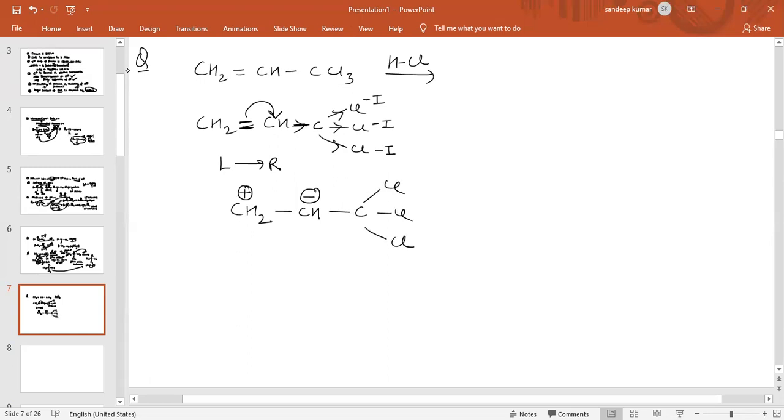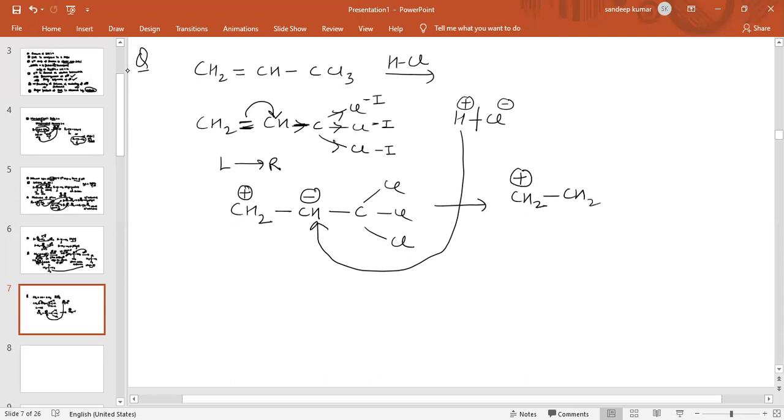Now as we know, in HCl there are two parts. One is the electrophilic part and one is the nucleophilic part. And we know in the first step there is attack of electrophile. So electrophile will attack at this position. When electrophile attacks at this position, it forms CH2 positive and CH2 and CCl3. Now in the next step there is attack of nucleophile.